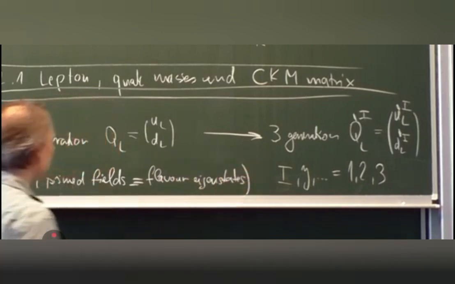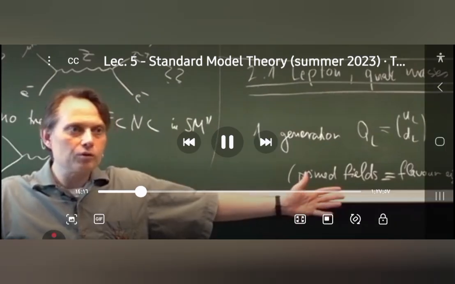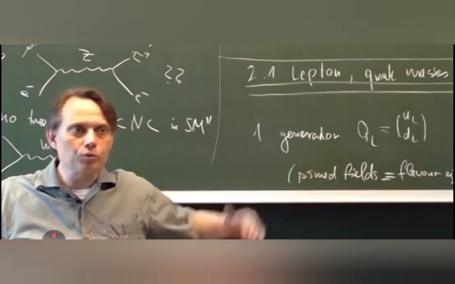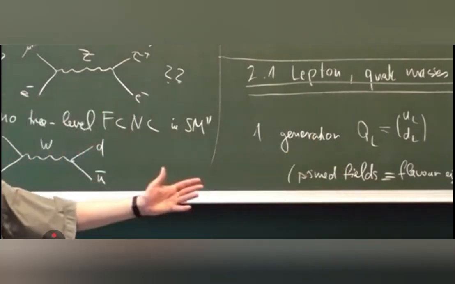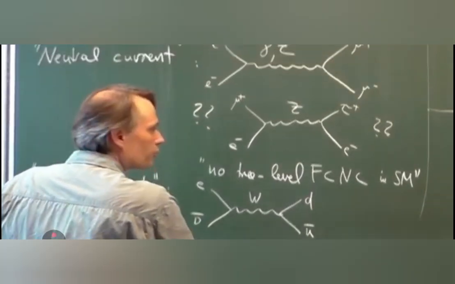In other words, they are the original fields in terms of which we formulate the Lagrangian. And then we need to interpret the physics content of the Lagrangian, and then maybe we discover that mass eigenstates correspond to something else, and then we will introduce mass eigenstates which have a notation without prime. But for this reason, let us first use the notation with prime.